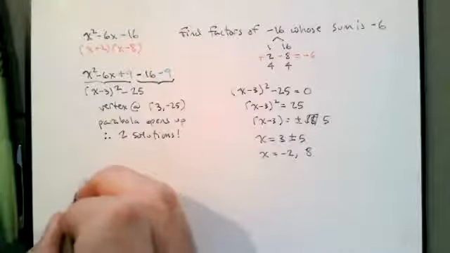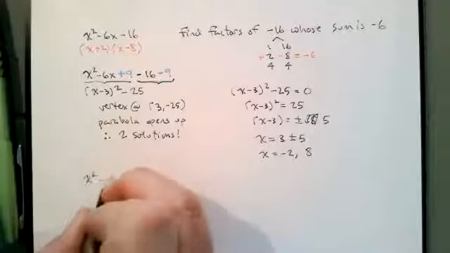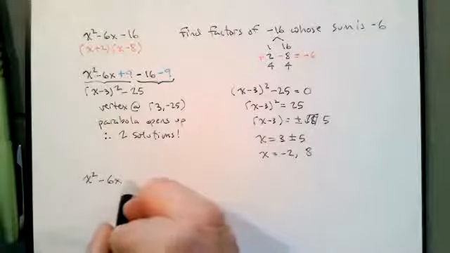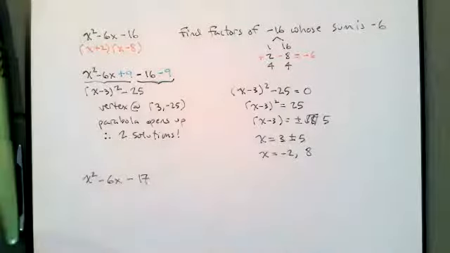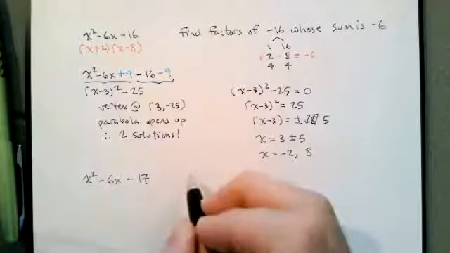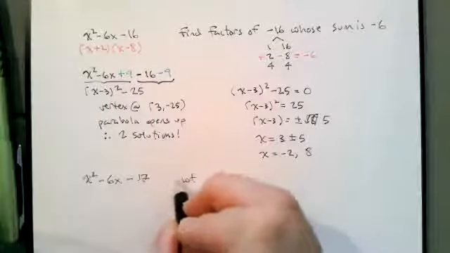If I change this to x squared minus 6x minus 17, all of a sudden it's not factorable, because I can't find rational factors of negative 17 whose sum is negative 6.